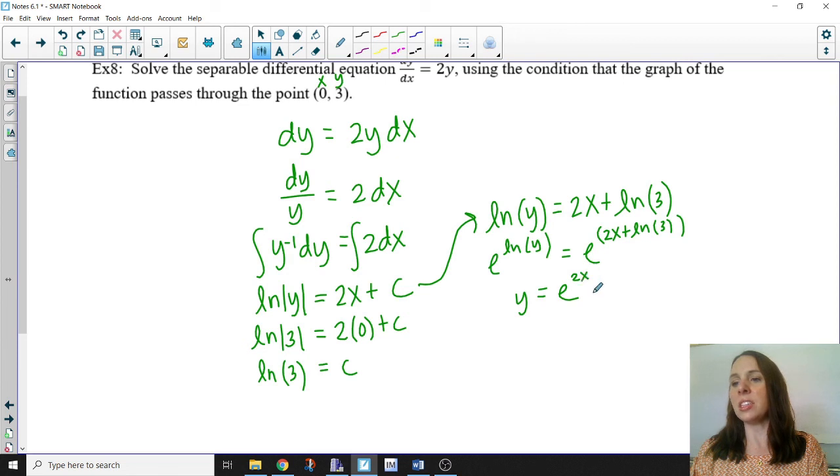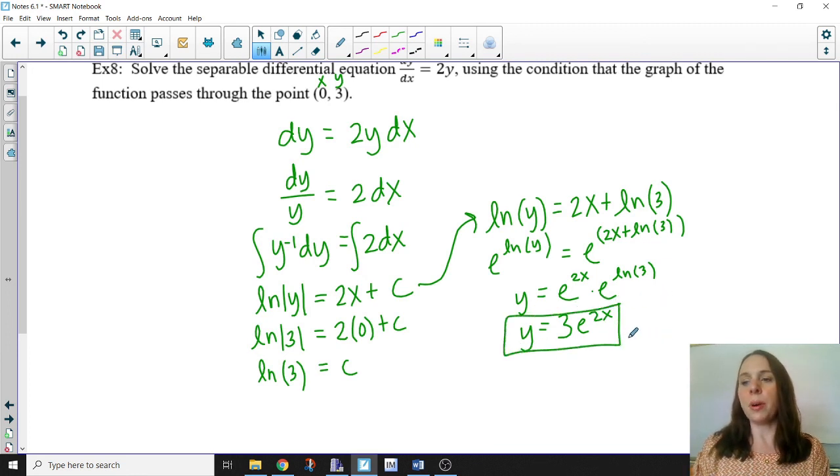It could be e to the 2x times e to the ln of 3. Okay, and the reason that we would want to maybe do that is because e to the ln of 3, that is just 3. Okay, so our particular solution looks a lot cleaner when we solve for y, right? y equals 3e to the 2x. That's a function we could definitely work with.